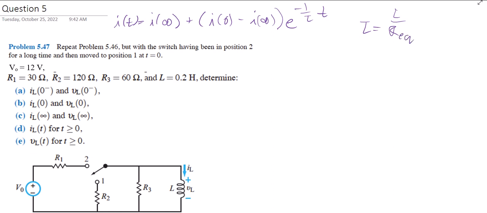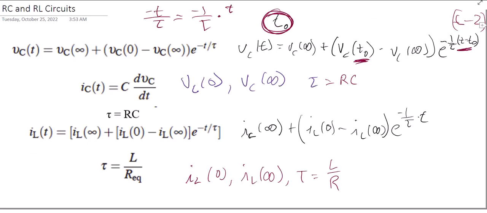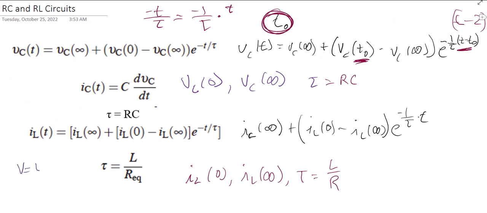It's asking us also in one of these questions for voltage, and voltage equals L di dt. I don't think I had that on our first page. I didn't. So voltage equals L di dt.